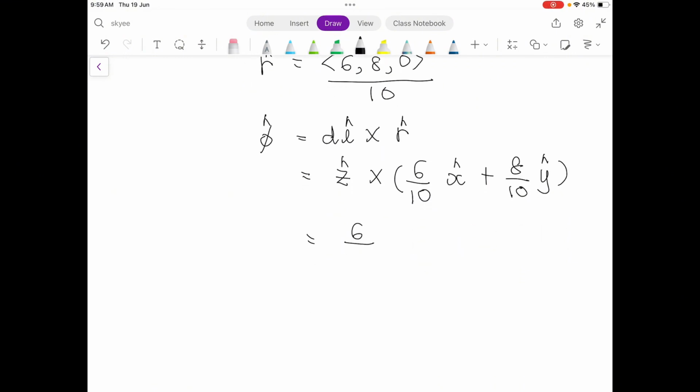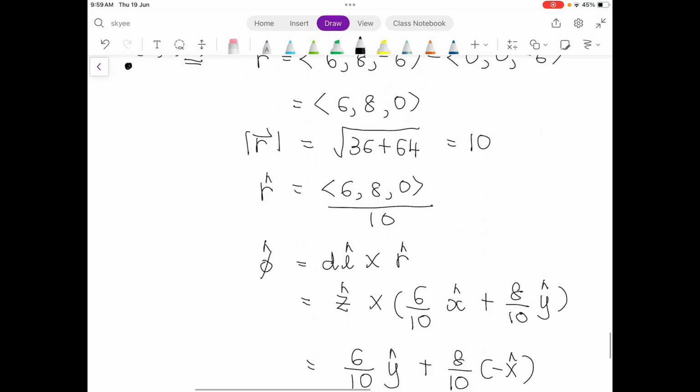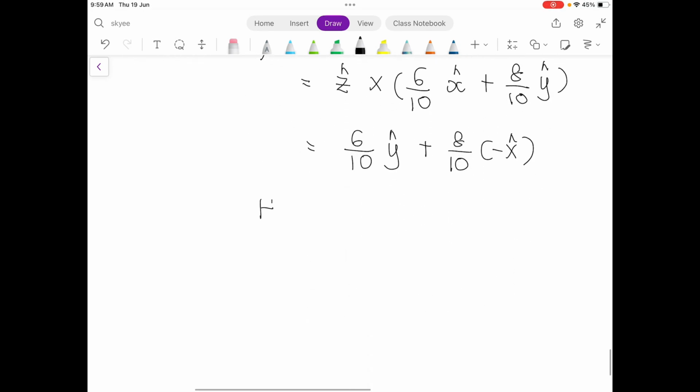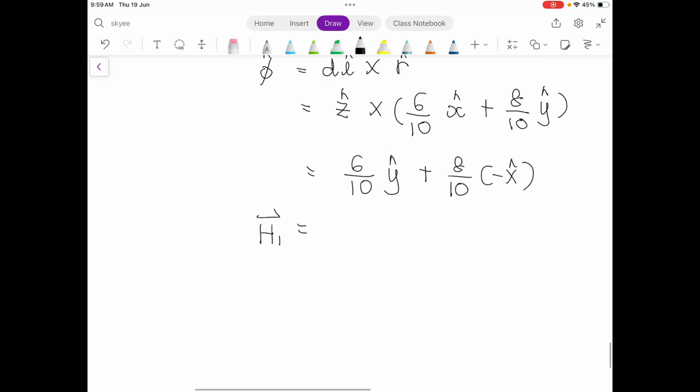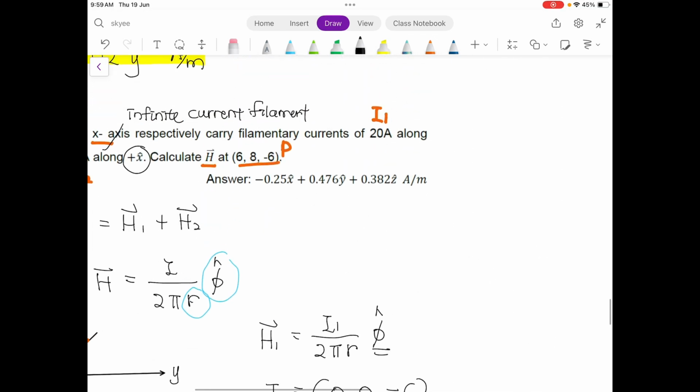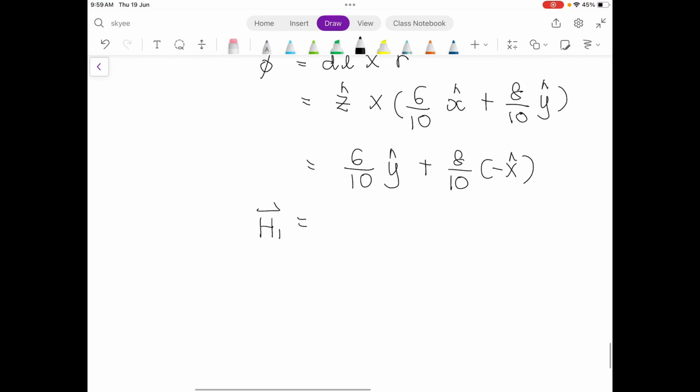So the numbers just remain. z cross x gives you y, 8 over 10. z cross y gives you negative x. Right, so this is the value, and we just insert it into our equation. The value of I1 is 20 amperes, so 20 over 2 pi. The R is 10 units.